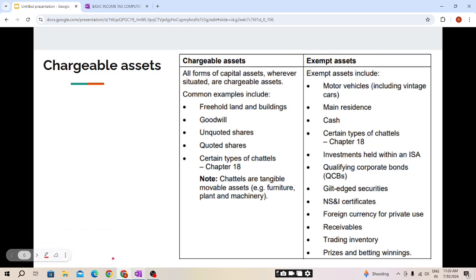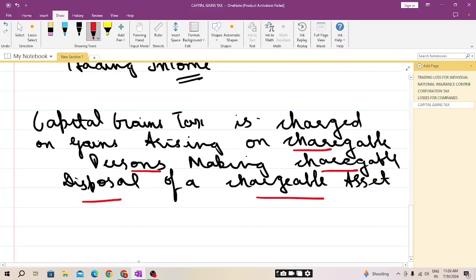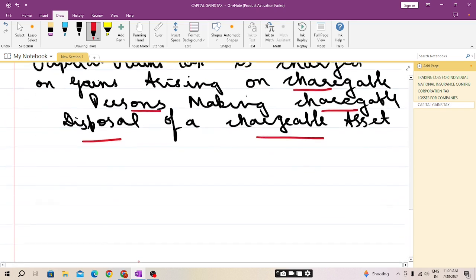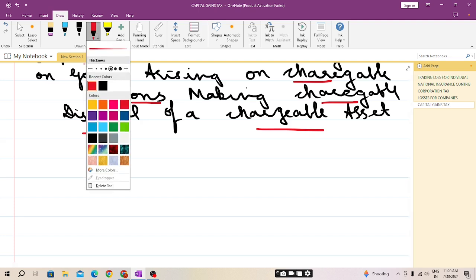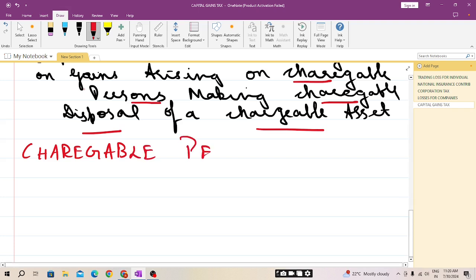Now we will look at, as we have seen, students, the scope of capital gains tax. Capital gains tax is charged on gains arising on a chargeable person making a chargeable disposal of a chargeable asset. Now, students, what does the term chargeable persons mean?